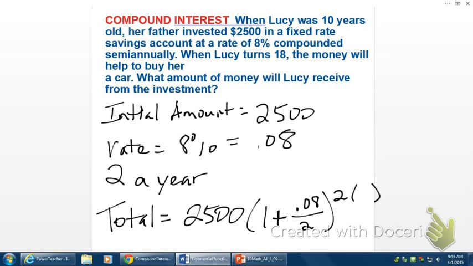Okay? When she turns 18, she's going to buy a car. She needs to know how much money she has when she's 18. So how many years has passed? 8 years. Not 10, not 18, 8 years. Okay? When you type that in the calculator, just like you did before, someone give me a total, please.